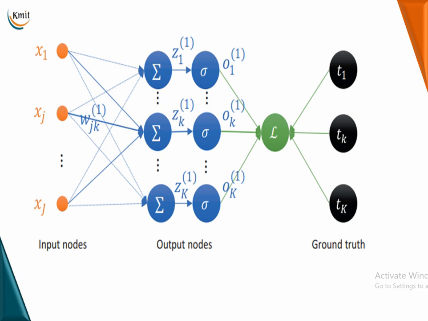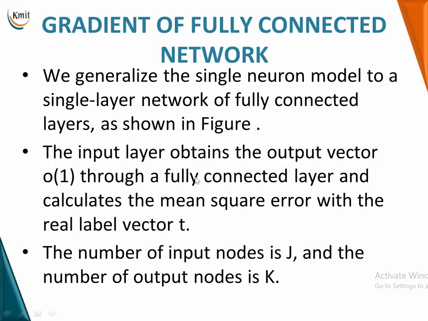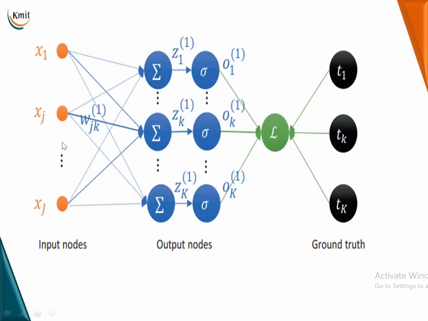Now you have this as a fully connected layer where you will be calculating the loss function in terms of mean squared error with respect to a real label vector t. The number of input nodes total I am assuming capital J, number of total output nodes I am assuming capital K. Any arbitrary input node I am assuming as small j, any arbitrary output node I am assuming as small k. So this is how you are going to work with, correct?